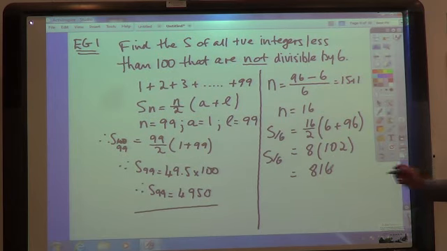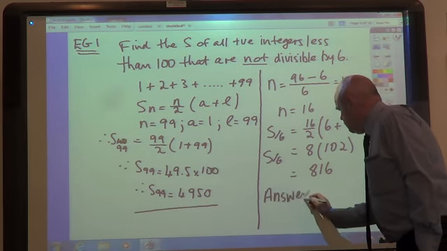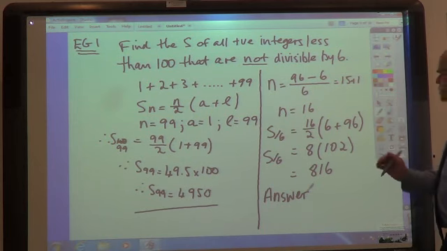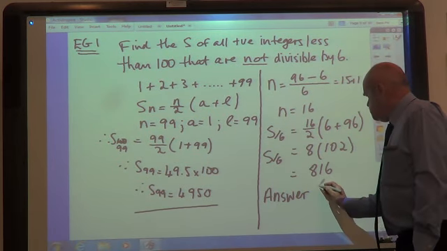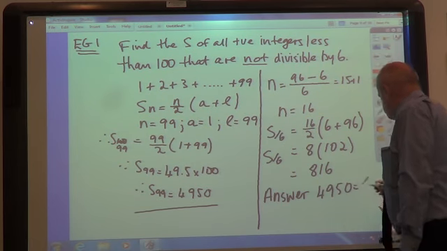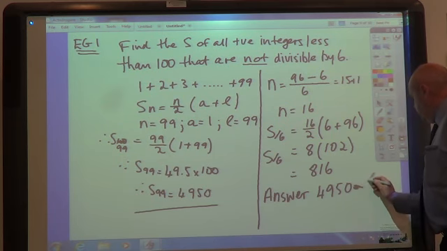So my answer, remembering what the question is, find the sum of all positive integers less than 100 that are not divisible by 6, is simply found by subtracting the 816 from 4,950.